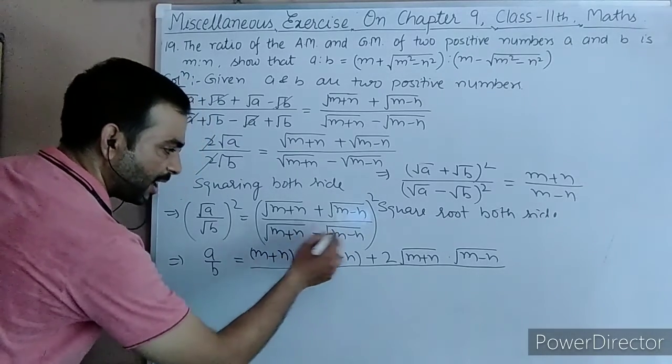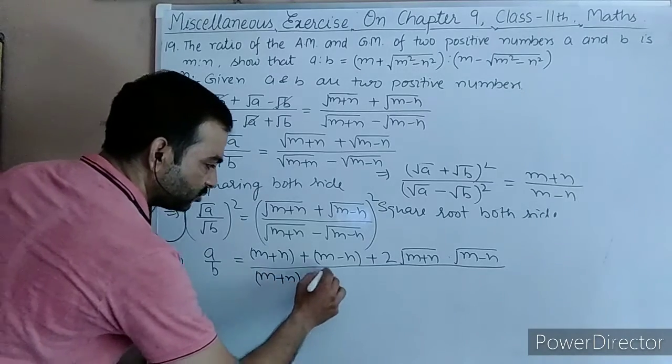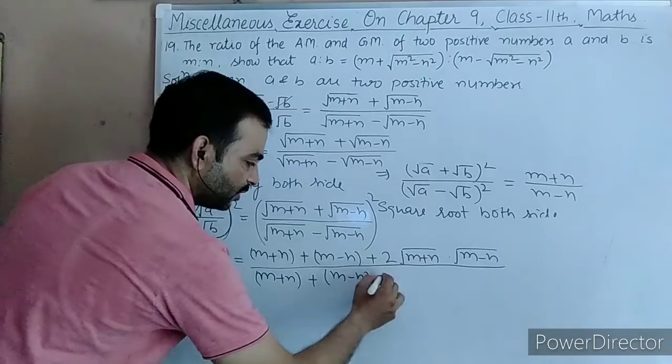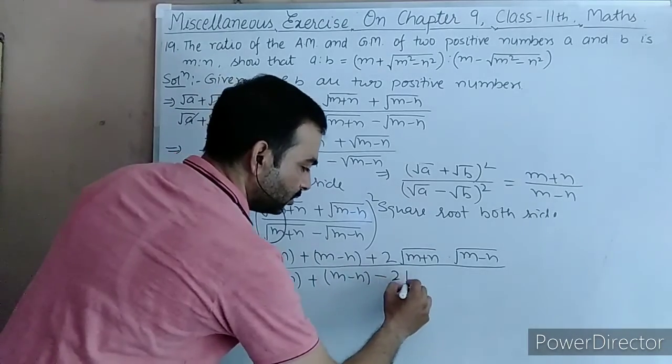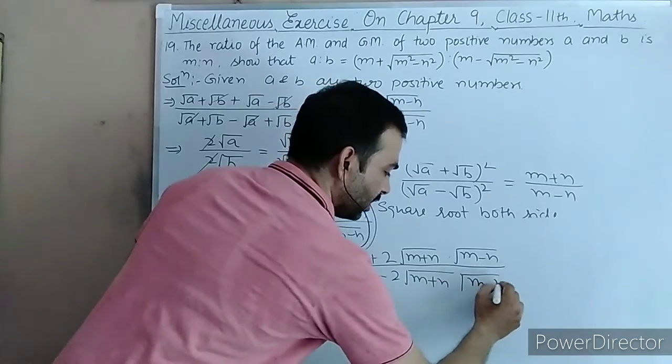So using (a minus b) whole square, I get m plus n, a square plus b square means m minus n, minus 2 square root of m plus n into square root of m minus n.